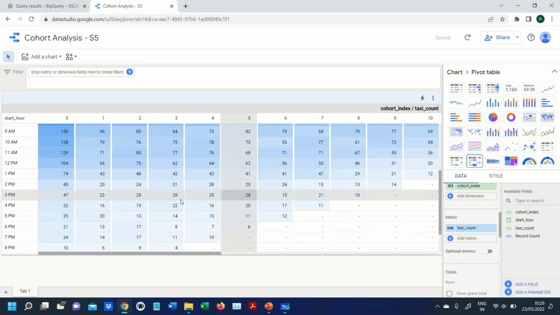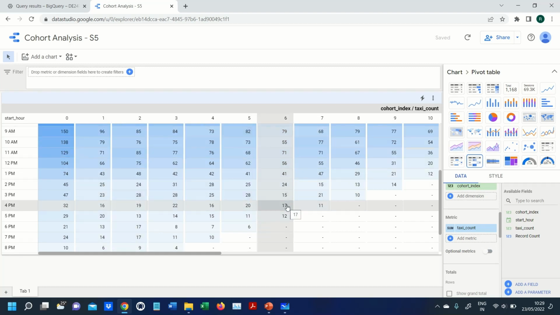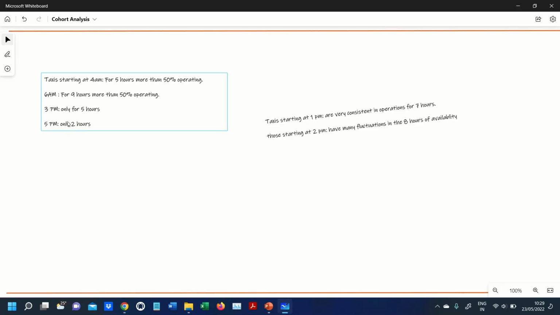So this is something of concern to the business. If 47 people are asked to start at 3 p.m., why are only 15 available at what time? 3, 4, 5, 6, 7, 8, 9 p.m. till 9. At 9 p.m. they're contributing only 15 taxis to the 9 p.m. business. Something the business can take a look into.